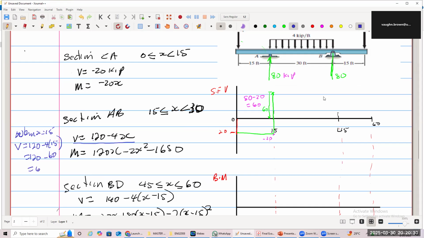So you get the answer. When it is 15, it is really 60 right here, so it confirms it.